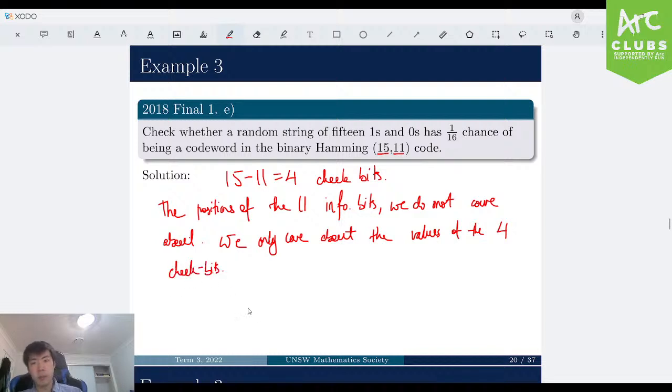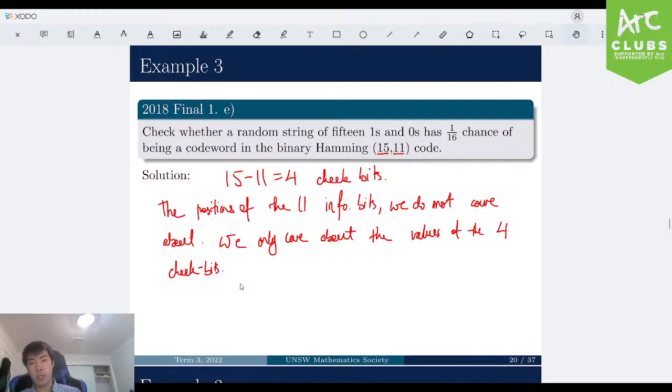Okay? We need these 4 check bits to exactly match up to what the unique solution of that augmented matrix would have been given those 11 information bits, right? And so, what's the probability that these 4 check bits exactly match up with what they are meant to be when we solve it uniquely?